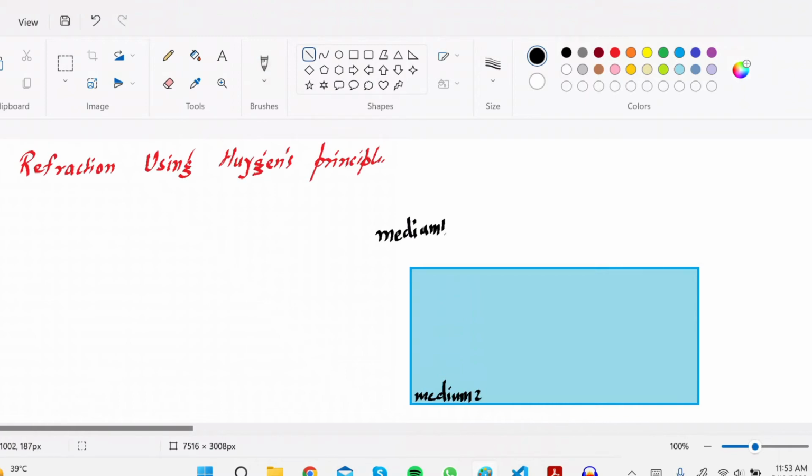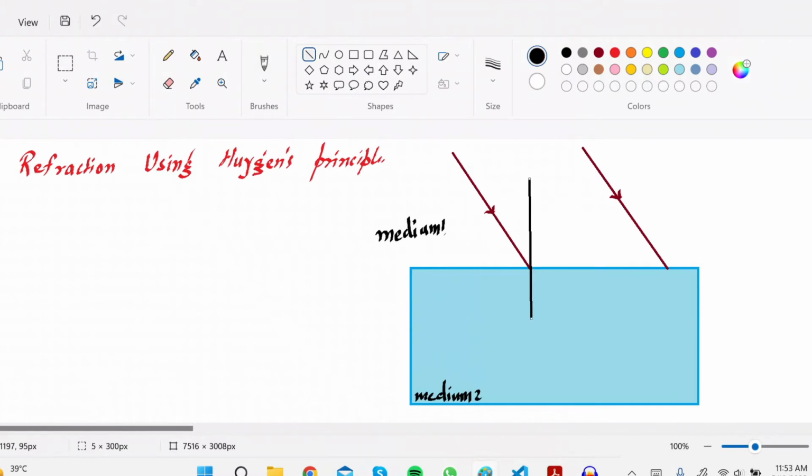Now what is happening here? Again the same concept. Our rays are going like this. The first one, and this is the second one. These are two incident rays entering this medium. Let's draw the normal for each. So let's say this is our normal for the first point.